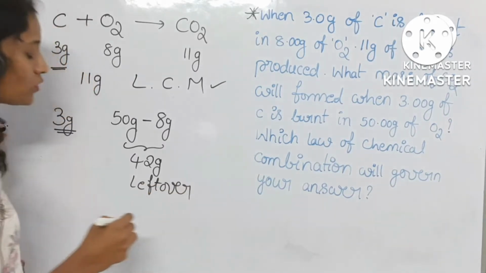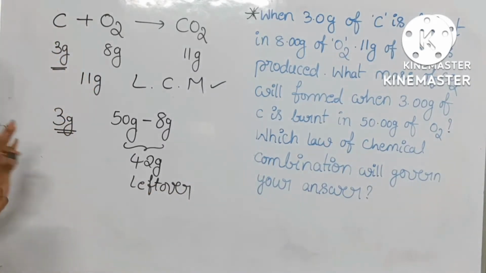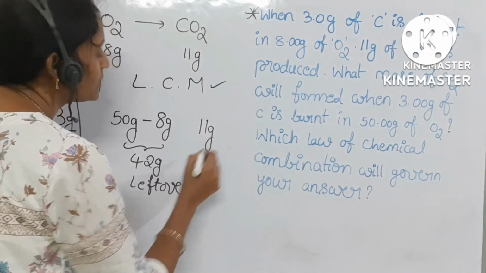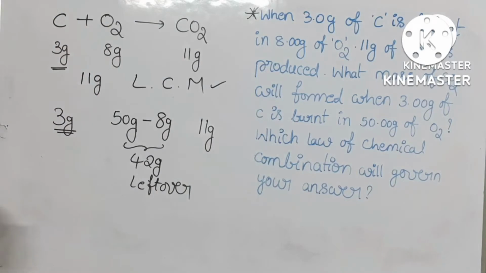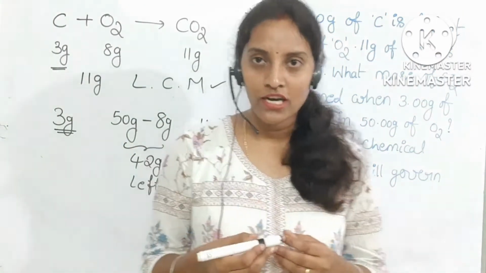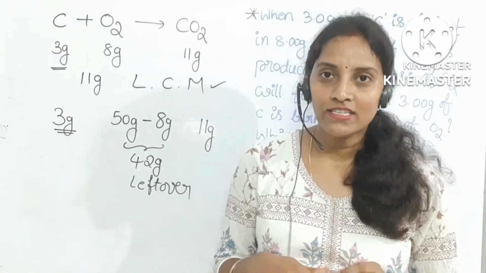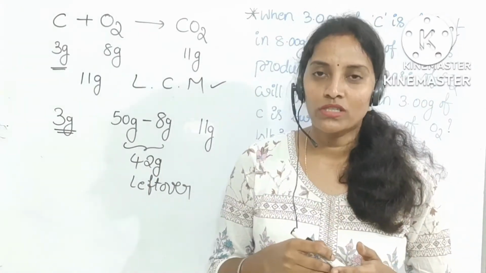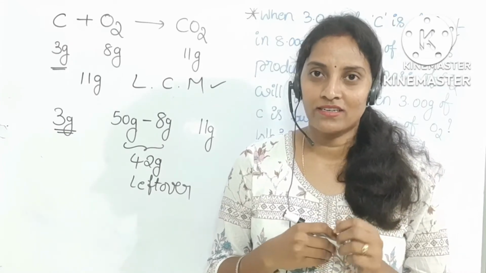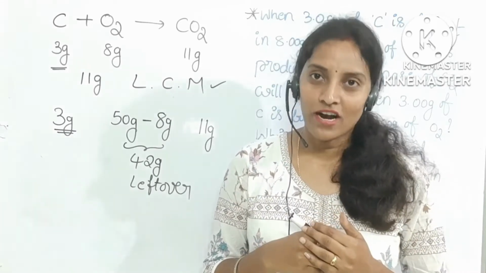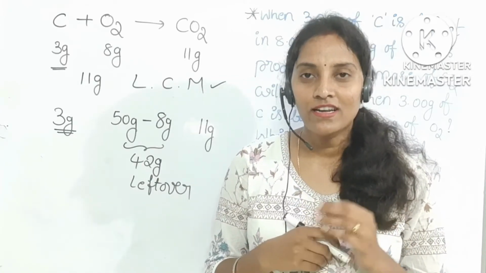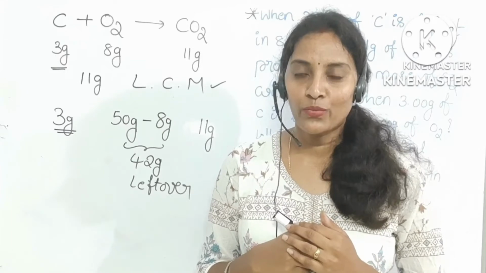It will not react with this 3 grams of carbon. So here also 11 grams of carbon dioxide will be formed. By seeing this reaction, you can conclude the second condition obeys the law of constant proportions in the formation of a compound. First condition, law of conservation of mass. Second condition, law of constant proportions.